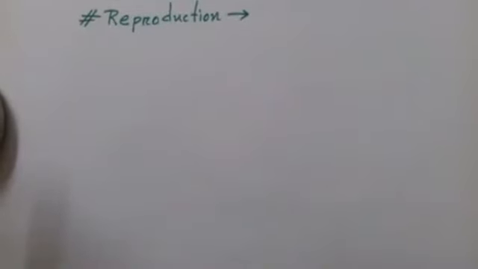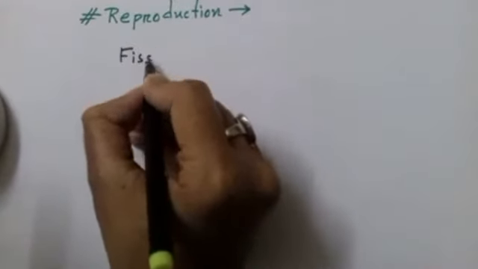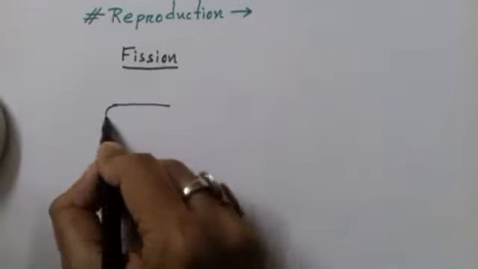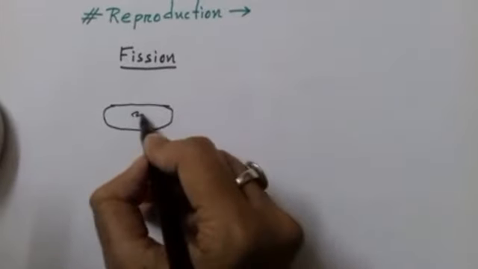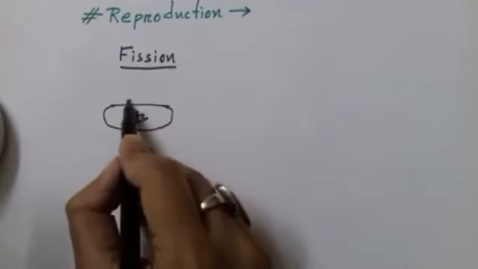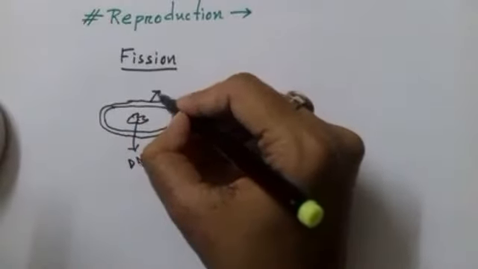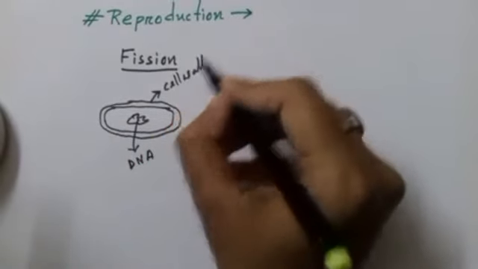Now, the reproduction of bacteria. Bacteria mainly reproduce by fission. Fission is nothing but division of bacteria. There, one bacterium is divided by fission and it produces two daughter bacteria. Let's draw. This is the bacterial DNA. This is the cell wall.